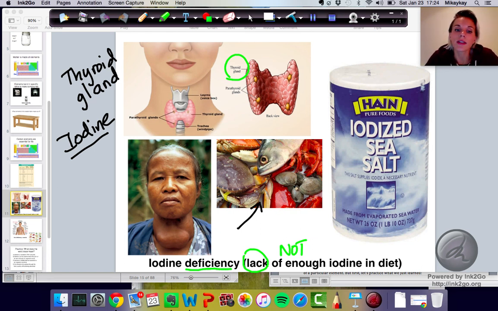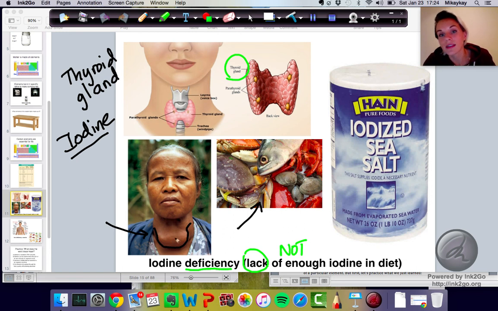And so in areas that are landlocked and don't have as much access to seafood, sometimes, especially in the past or in other countries, not so much in the US anymore, which I will explain why, you have seen that people did not get enough iodine and they developed something called a goiter, which is this kind of enlarged area on their neck.